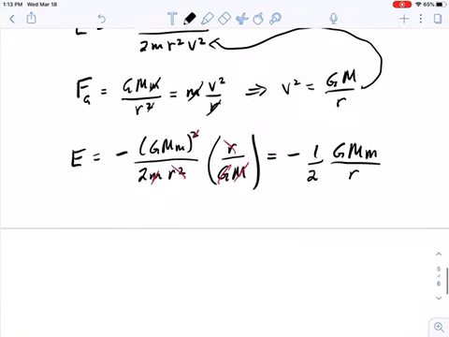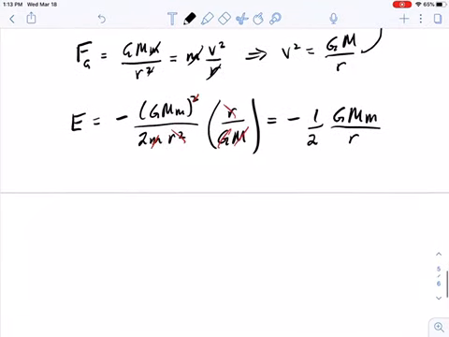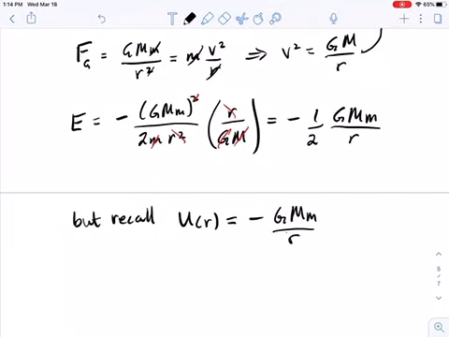But you might recognize G M m over r. That's just the potential energy. Recall that the potential energy between like point masses, the one point mass being the sun, one point mass being the earth, is equal to minus G M m over r.